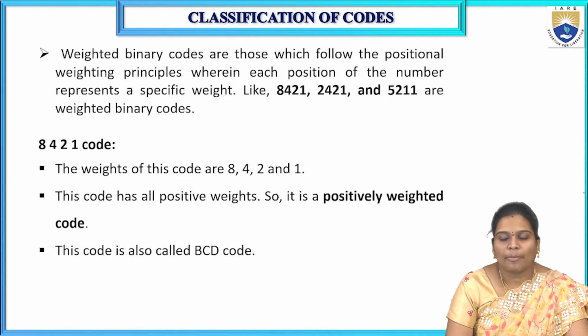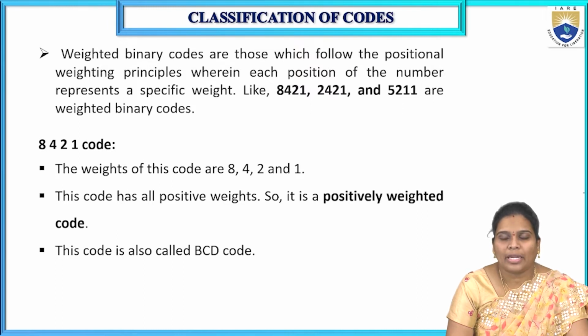Coming to the weighted codes, examples are 8421 code, 2421 code, 5211 code, and BCD code, binary coded decimal. Okay. So first one we'll discuss about this 8421 code.